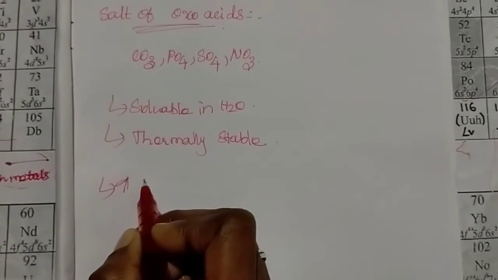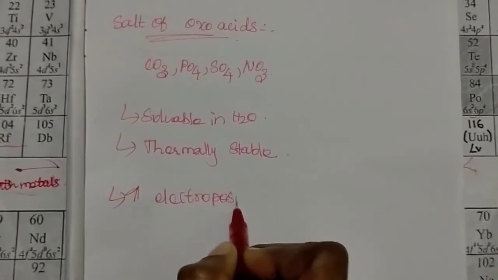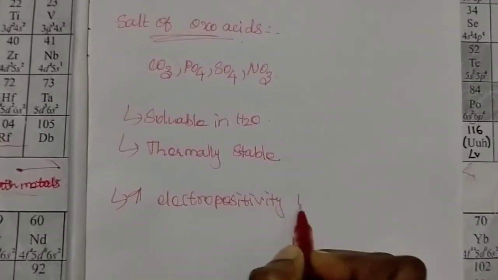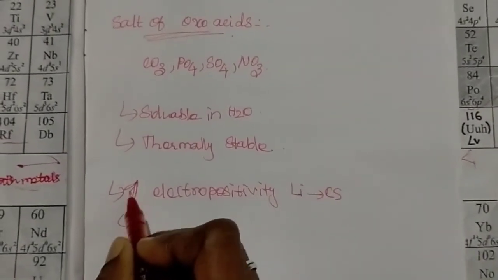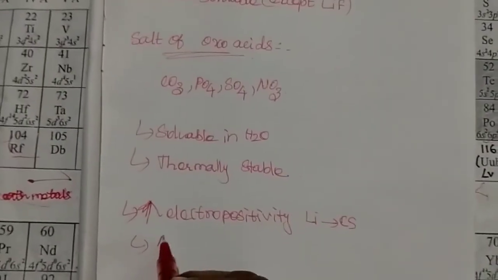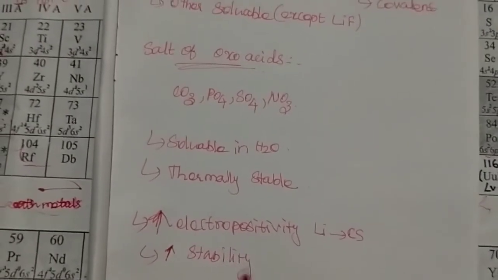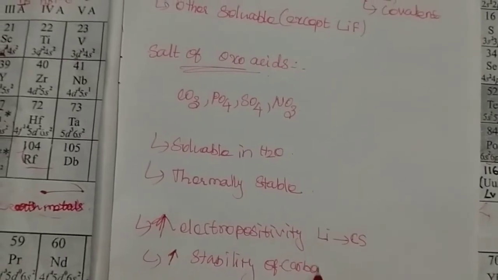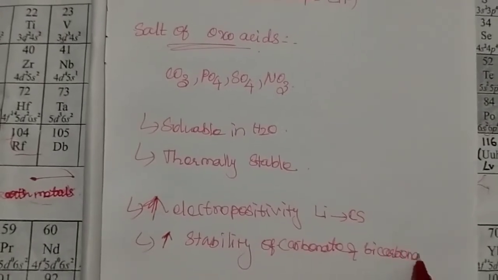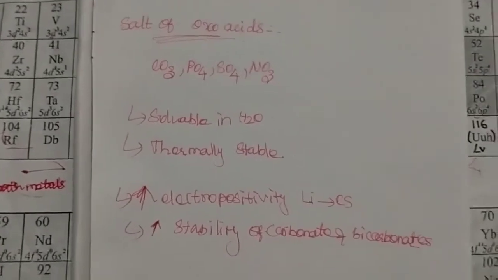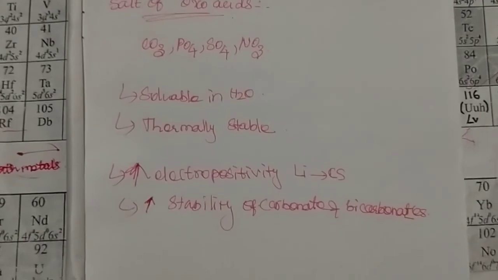Increasing electropositivity from lithium to cesium increases the stability of carbonate and bicarbonate, due to the polarizing power decreasing in the alkali metal cation.